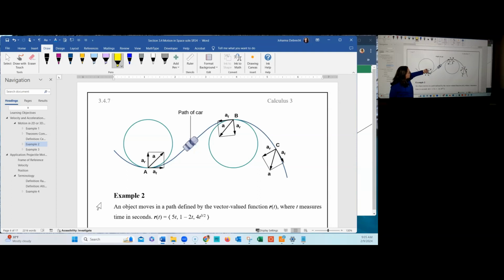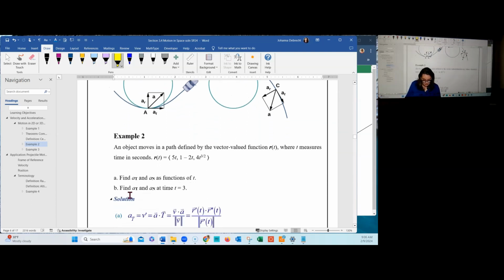It also shows the osculating circle at a particular point, and this A sub r lies along the radius of that osculating circle. So it gives you a way of splitting up the acceleration vector into two components that fit within that three-dimensional T and B framework at a particular point.